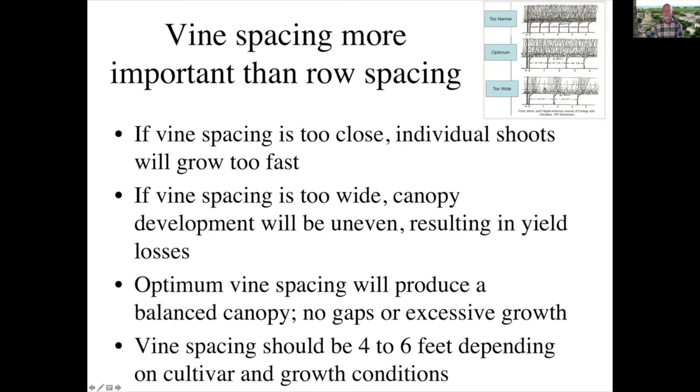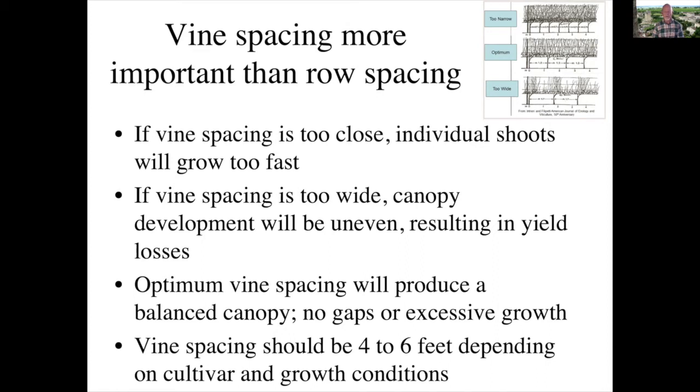And you can see the canopy begins to decline, and with reduced canopy, you have reduced photosynthesis, and therefore you're going to get reduced yield. So optimum vine spacing will produce a balanced canopy, no gaps or excessive growth of the shoots.